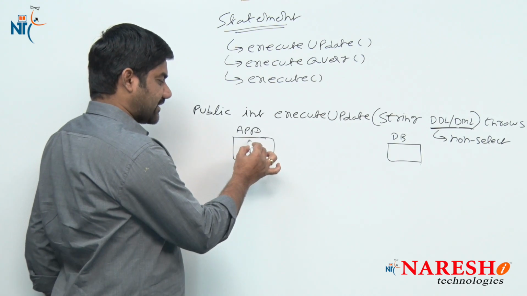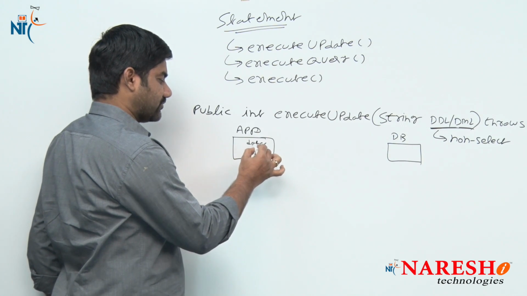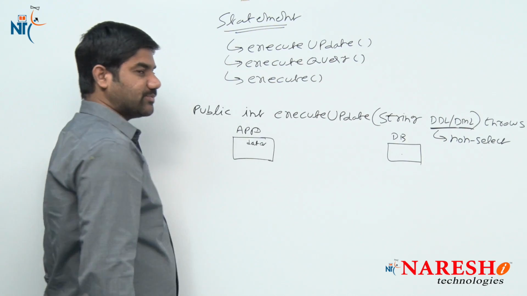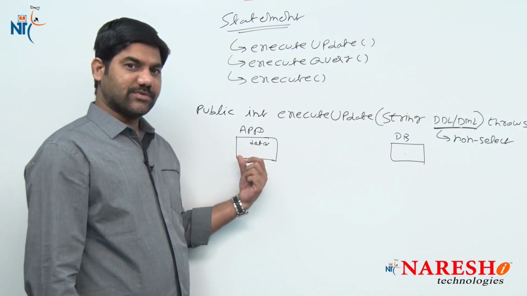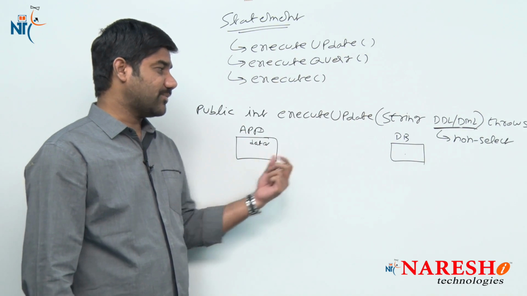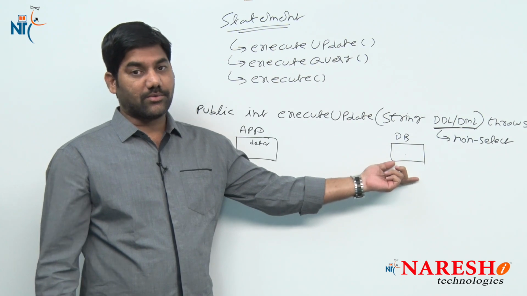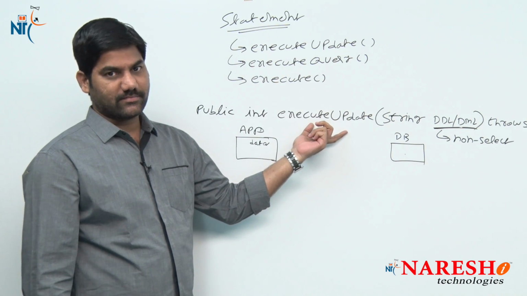We want to transfer some data from this place to this place. Is it possible? Yes, we can pass data from any place to any place. How? By using methods only.